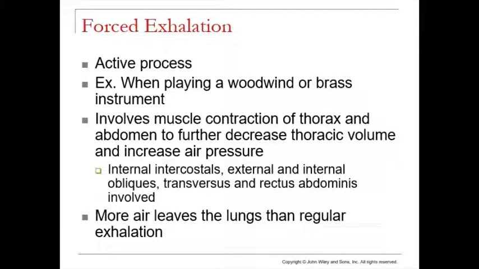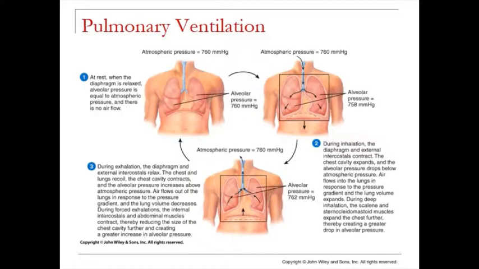That's forced exhalation. And when we talk about changing pressure, we're not talking about large changes. These are really small changes in pressure. And that's what you're seeing on this picture. For example, the atmospheric pressure around you is usually about 760 millimeters mercury.